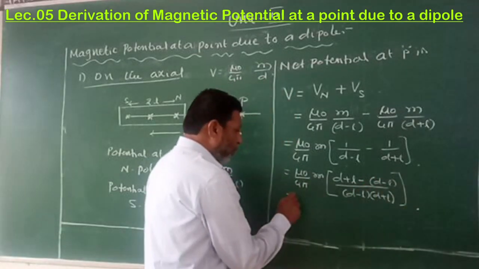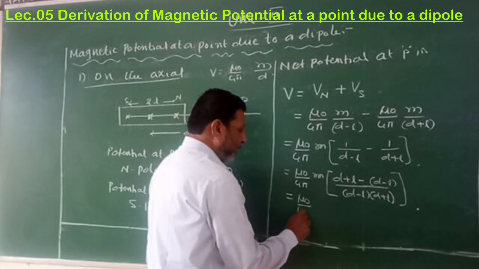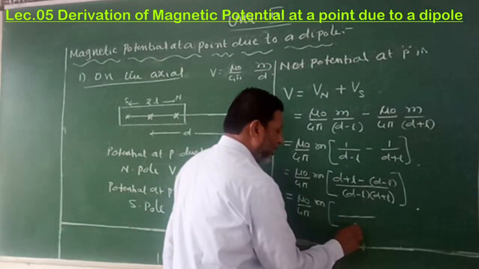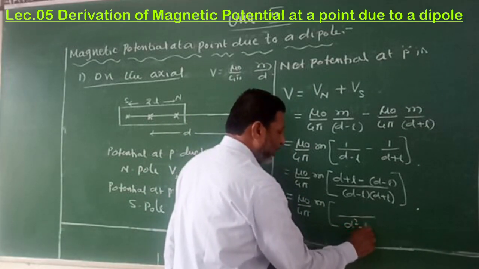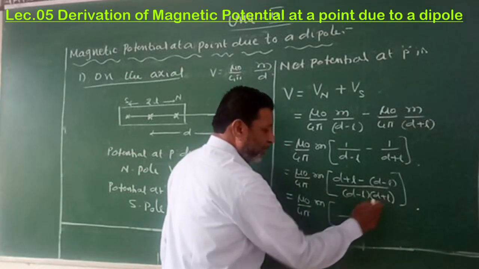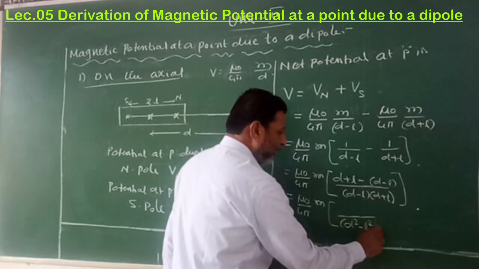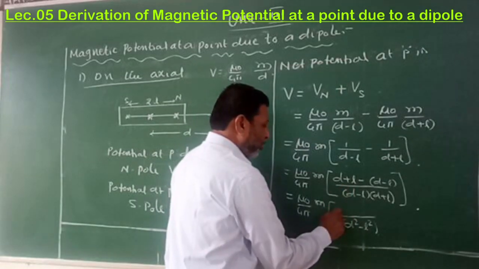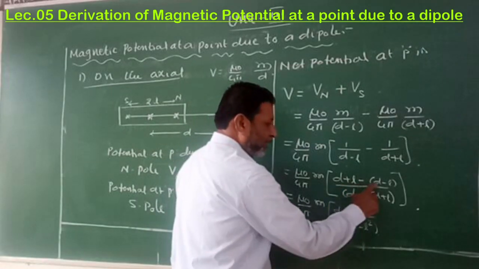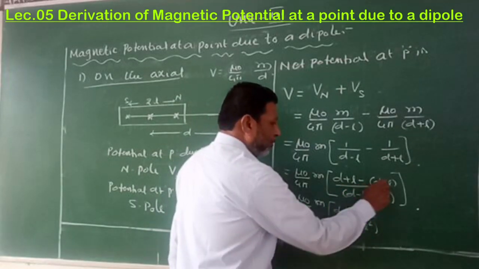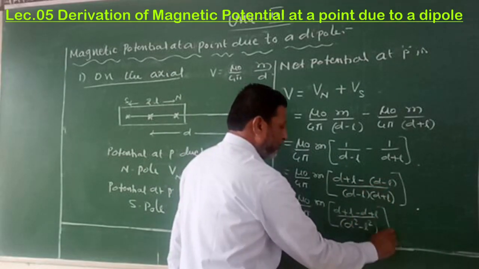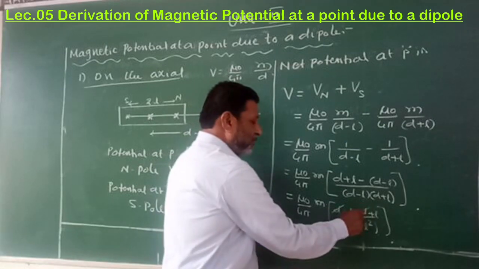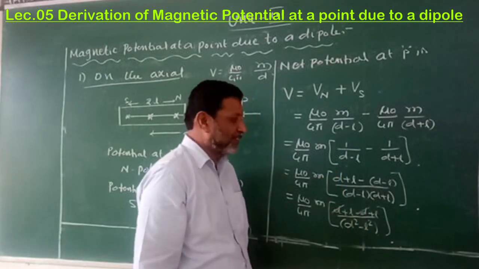Now this is equal to mu naught divided by 4 pi m into, this is nothing but d square minus L square, the a plus b, a minus b form. Therefore, you will get a square minus b square. Then in the numerator, d plus L. Apply the minus sign here, minus of minus d gives plus. Now this plus d and minus d gets cancelled.